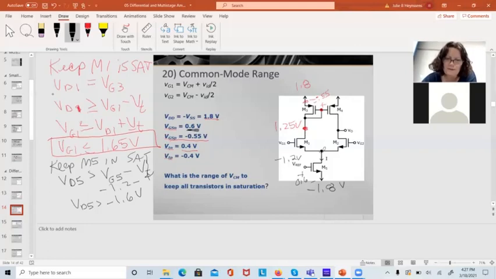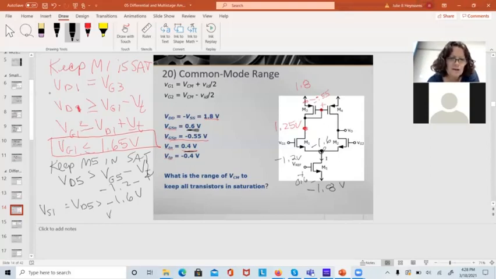That's VD5. I'm going to draw that one in here. Negative 1.6. Now, to figure out how that relates to VG1, I know VD5 is also VS1, looking at the schematic. So the source voltage has got to be greater than negative 1.6. Now, to barely have this transistor on, I need at least a threshold drop across that gate.